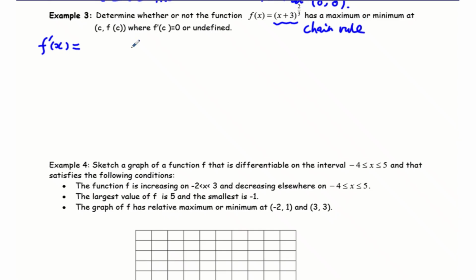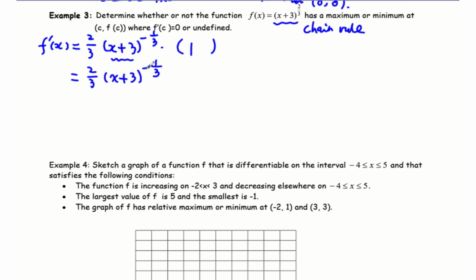We do the exponent first. Exponent minus 1 gives us negative 1 over 3, then continue to do the derivative of the base. The derivative of x plus 3 is 1. So we have 2 over 3 times (x plus 3) to the exponent negative 1 over 3.